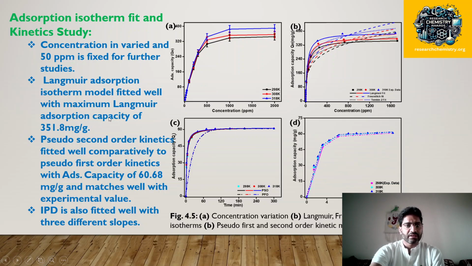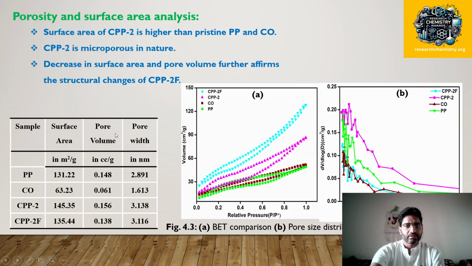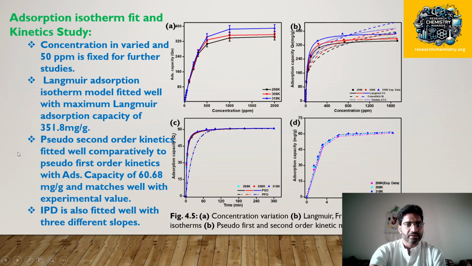Similarly, we have studied the kinetics for these adsorption isotherms. We fitted the pseudo first order and pseudo second order models. Here we could see that the pseudo second order fits very well, with an R square value of about 0.997, and the pseudo first order is not fitted well.